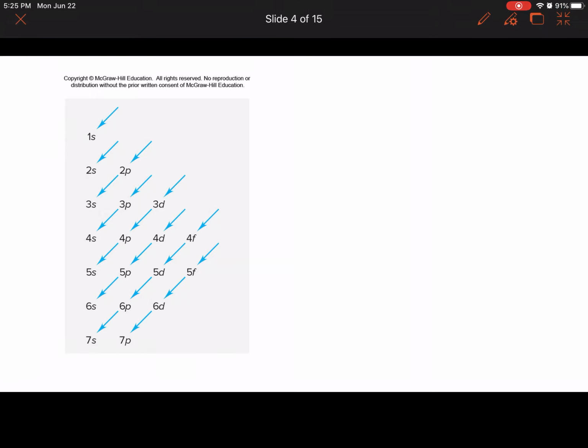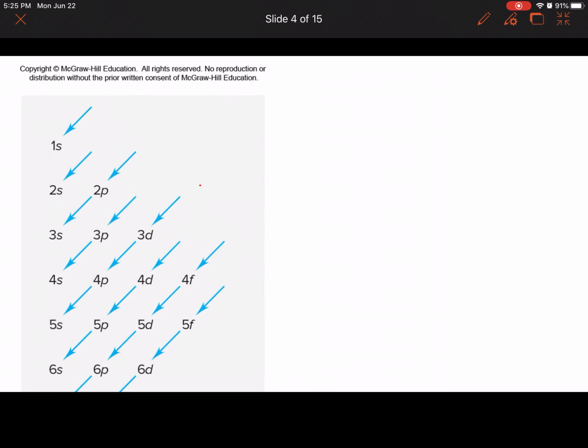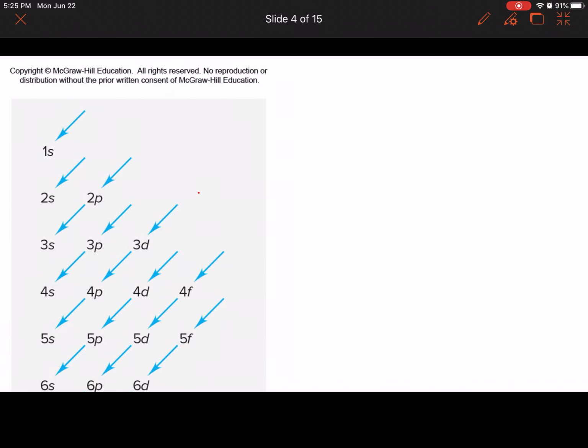Okay, let's see. Now, we can expand it a little bit. So what these arrows are showing us is the first orbital that is being filled is the 1s orbital. After the 1s orbital is filled, it's going to fill up the 2s orbital. After the 2s orbital is filled up, it goes to the 2p.